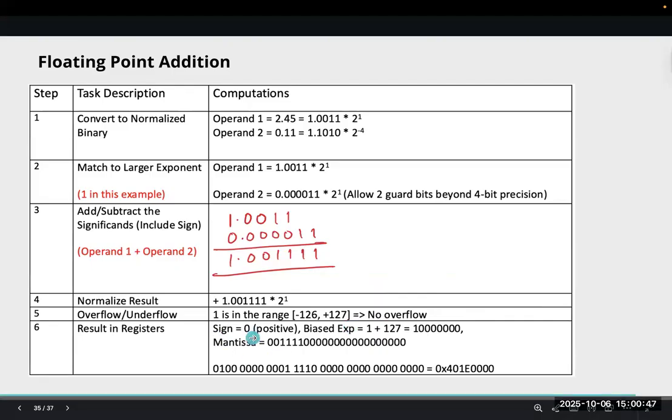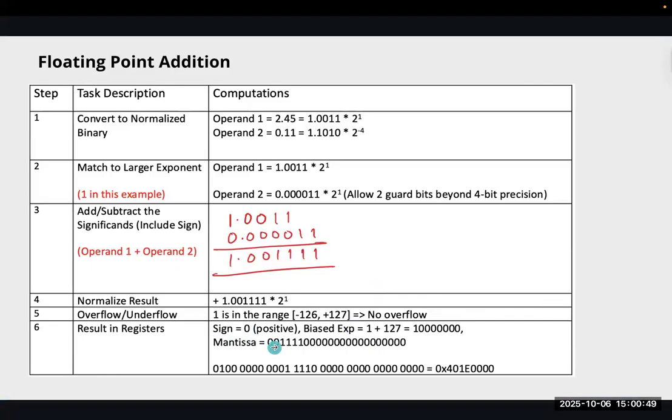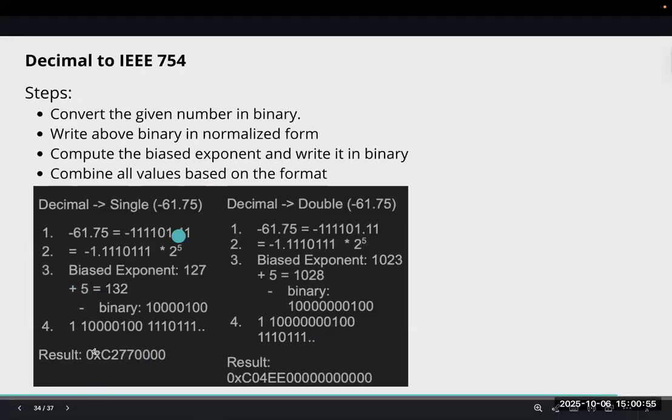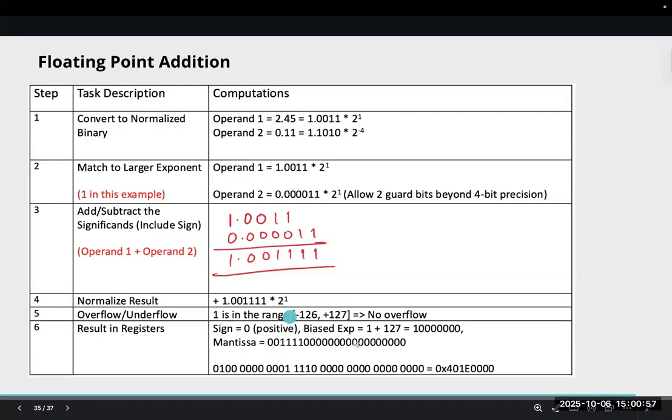And sign is 0, so the first bit is 0. Biased exponent is 1 plus 127. You're going to perform everything that we did here over here, and then just write it out in hex form at last.